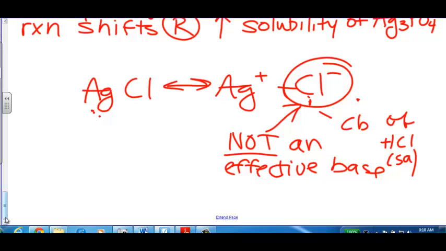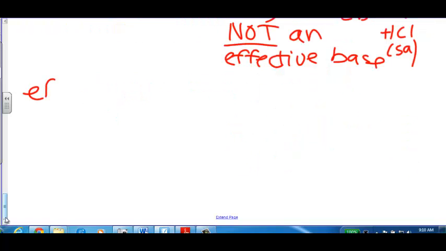So some other anions that can serve as effective bases, we could make a list 5 miles long. All right, maybe that's an exaggeration. But we see them all the time, right?